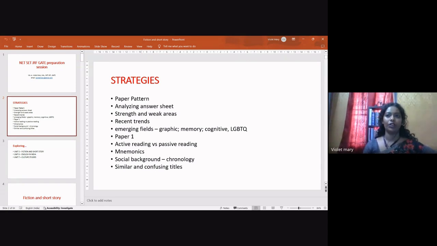Then comes mnemonics. We may be good at memory, keeping things in our mind for a long time, but some of us will definitely struggle with remembering everything, to dump everything at a time. So this is the main strategy every aspirant of any examination will try. It is called mnemonics. You can form your own funny story, you can code one word to another word. It's your personal thing.